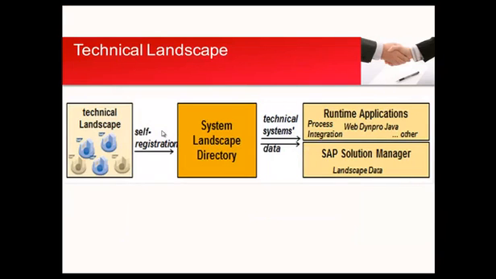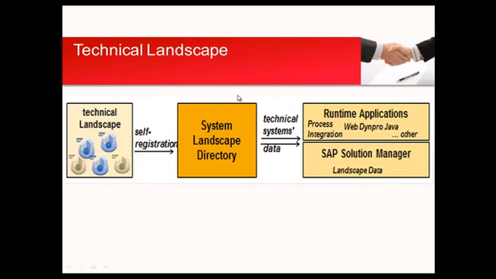Now let's see the technical landscape. Here you can see that you have a central SLD, which is system landscape directory, and all the technical systems, whether it is a Java system or an ABAP system or a non-SAP system, will do the self-registration into SLD, and this information will be synchronized to LMDB, and LMDB in turn will send the information to system landscape, that is SMSY.